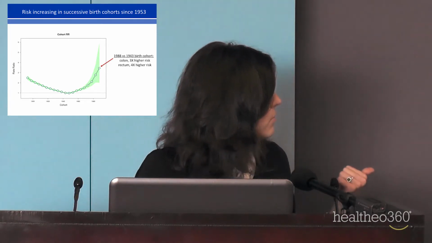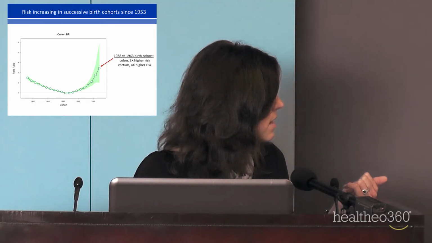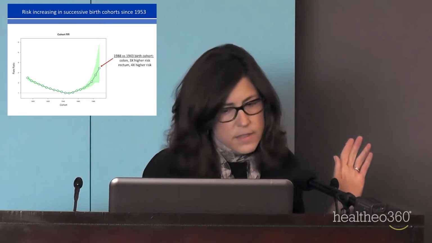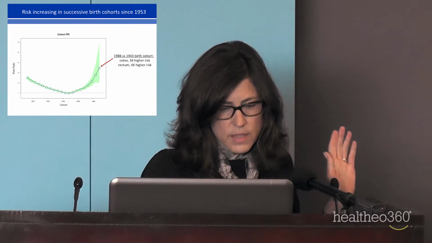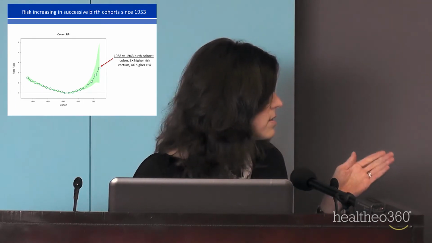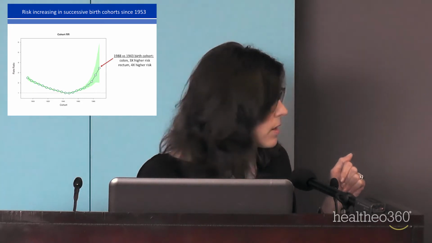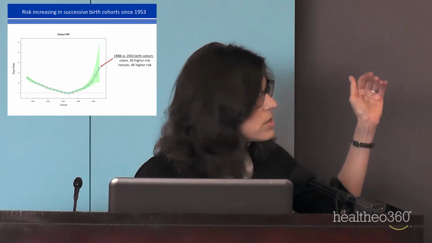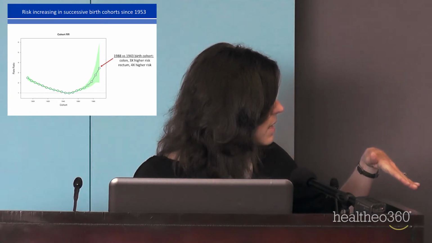So what we found, and these are just early results, but this is from the cohort analysis, and these are rate ratios. People born in the early 40s have the lowest risk of colorectal cancer. Risk in previous generations was decreasing incrementally.